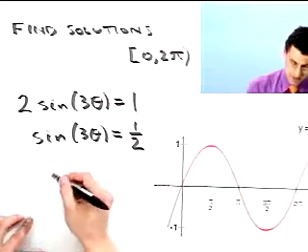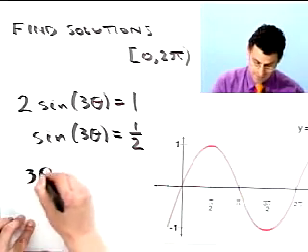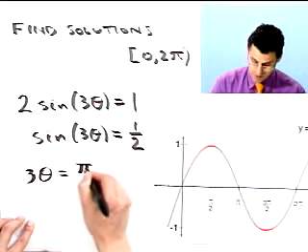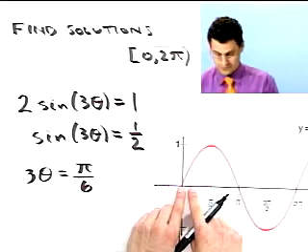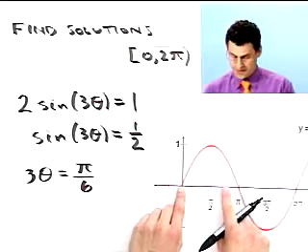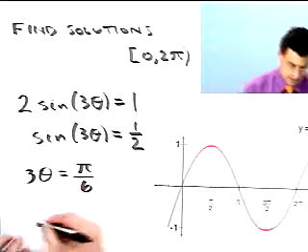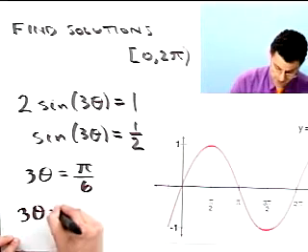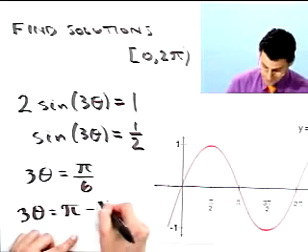So one solution is, and I've got to be careful here, I've got to write this whole thing: 3 theta equals pi over 6. But the other answer is right here. How do I get that? It's just the symmetric mirror thing. So 3 theta equals pi, and then I have to subtract the pi over 6.